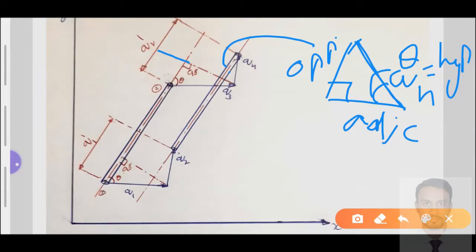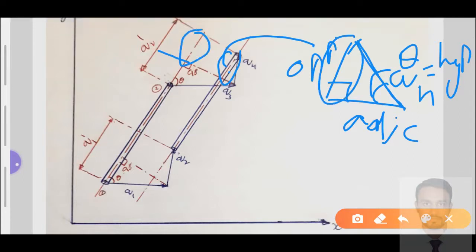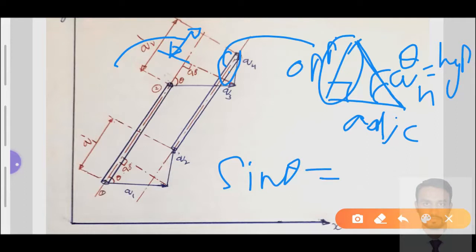So this side, the opposite side, is equal to this value. So we'll find that this one, which is sine theta, is equal to opposite by hypotenuse.